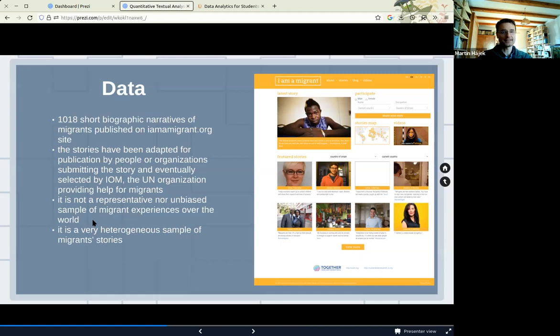While if we are testing hypotheses, if, for example, male narrators are different from female narrators, we would need a representative sample, because in this sample we cannot test the hypothesis. We cannot say, if we found differences in word frequencies, for example, that we prove a theory that male narrators differ from female narrators. That's why it is a good sample for our analysis.